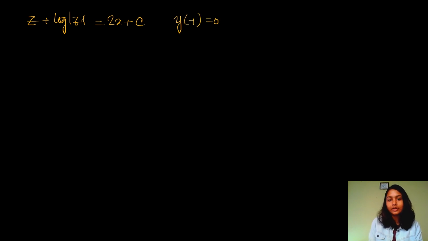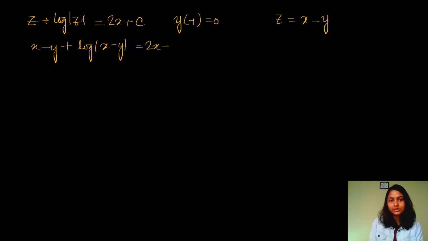So let me write it. z plus log mod z equals to 2x plus c, and y of 1 equals to 0, and z equals to x minus y. So x minus y plus log mod (x minus y) equals to 2x plus c.